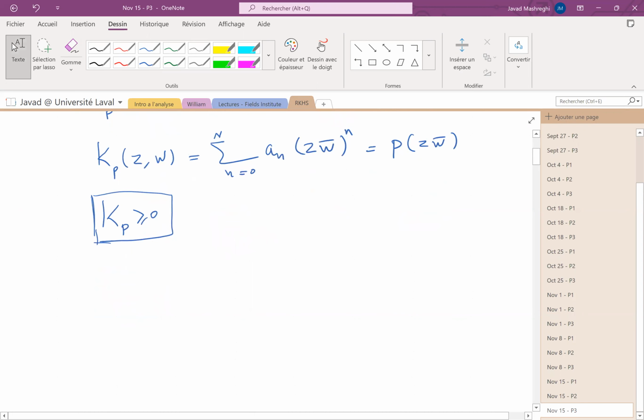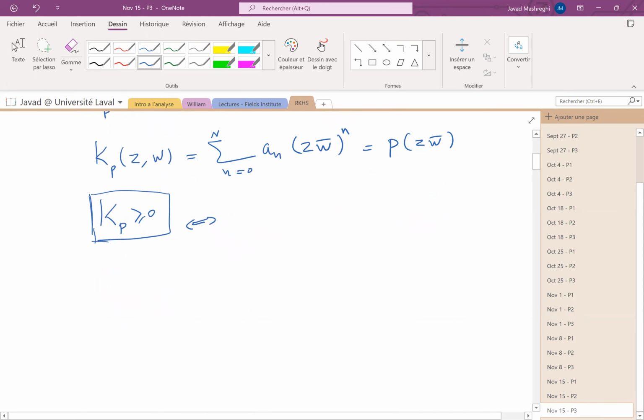And this is equivalent to saying that for any z_1, z_2, ..., z_m in C, if you consider the m by m matrix K_P(z_i, z_j), i, j from 1 up to m, it's not the same n as above.